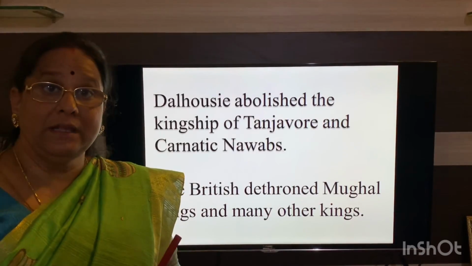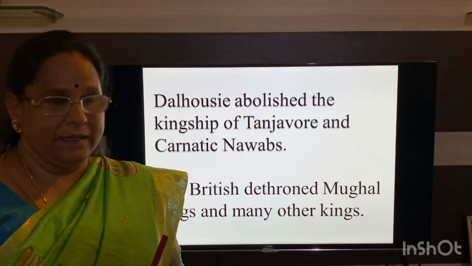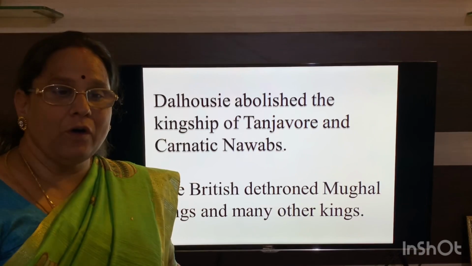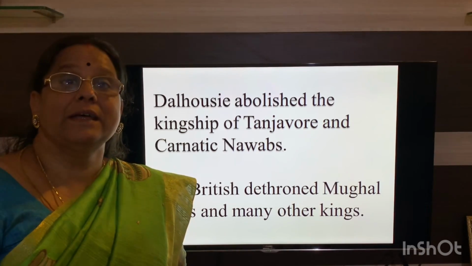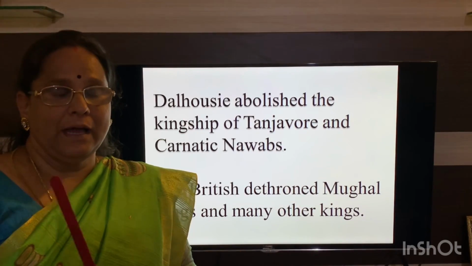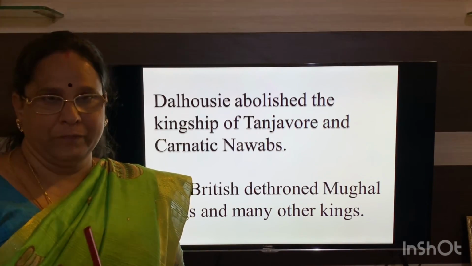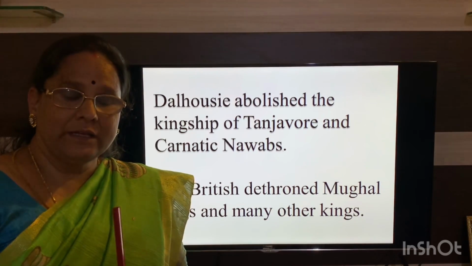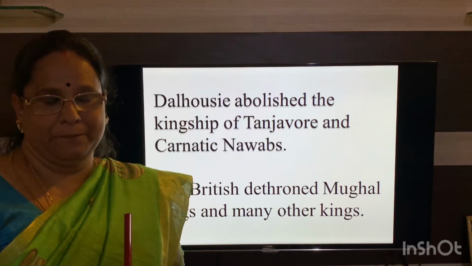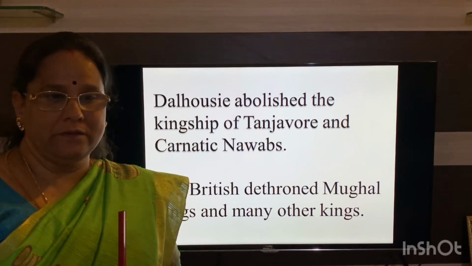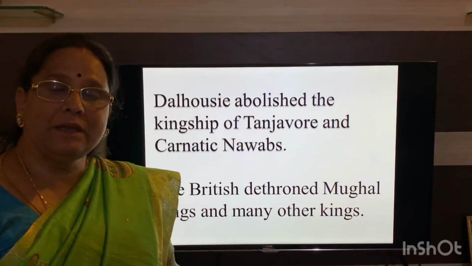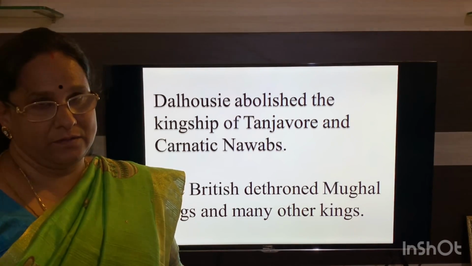Now the second point in the political causes: the British abolished the kingship of Tanjavur and the Carnatic Nawab. When I say British here, the British officer we are talking about was Dalhousie. Dalhousie abolished the kingship of Tanjavur and the Carnatic Nawab. The third point is that the British dethroned the Mughal emperor and many other kings.